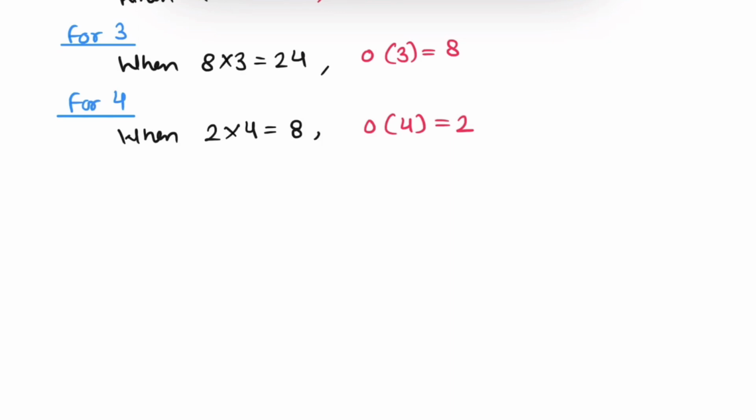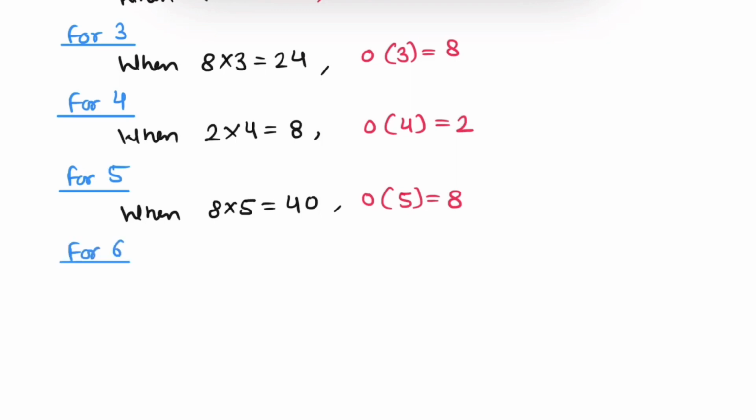Now for element 5, when 8 is multiplied by 5, this equals 40, and 40 is divisible by 8, hence the order of 5 is 8. For element 6, when 4 is multiplied by 6, this equals 24, and 24 is divisible by 8, hence the order of 6 is 4.